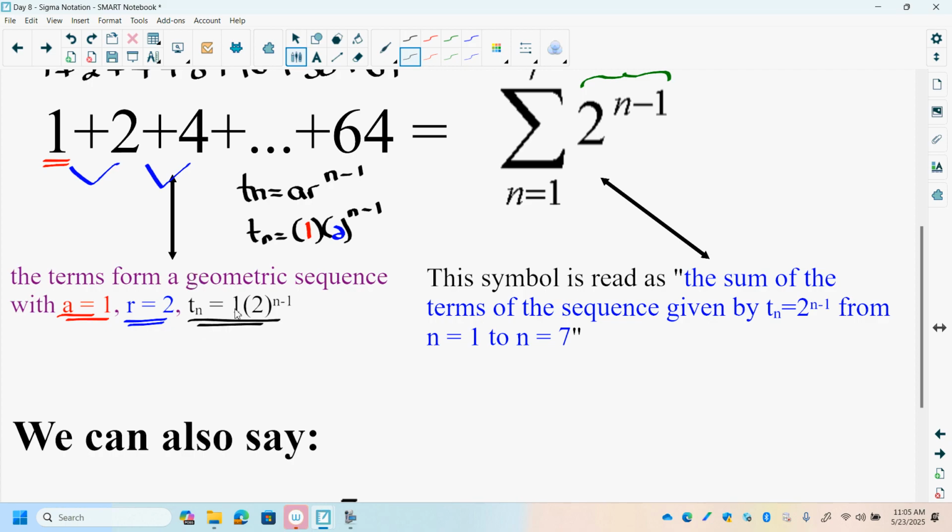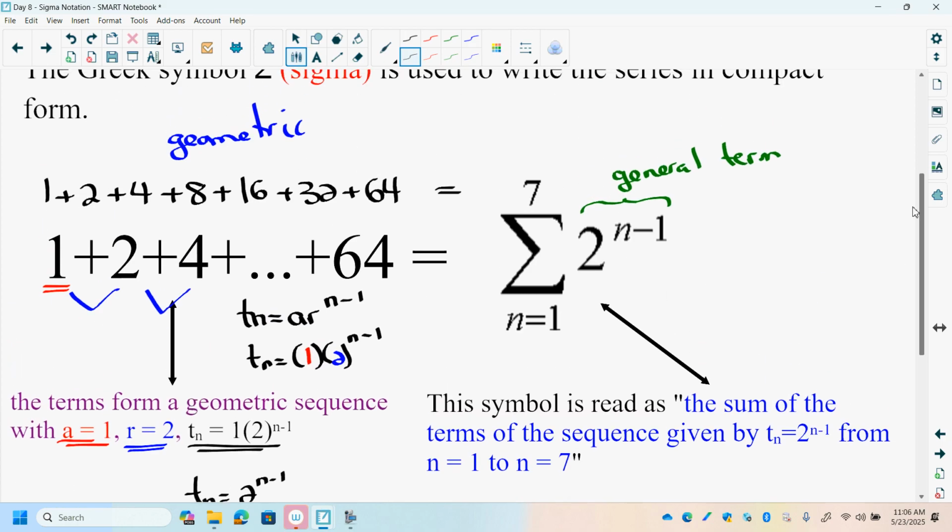Does this 1 really change anything? I would have to figure out my exponent, raise my base of 2 to that exponent, and then multiply that answer by 1, but multiplying by 1 changes nothing. So I can actually rewrite my general term as follows. Is everyone okay with that? Just know that I didn't multiply the 1 by the 2. I multiplied the 1 by the whole 2 to the power of n minus 1.